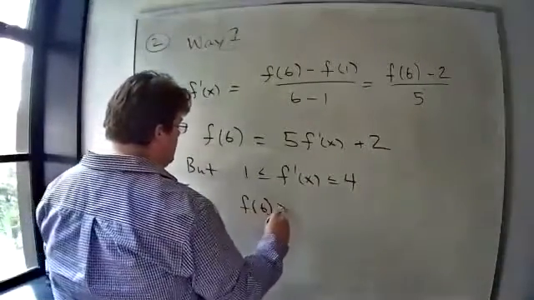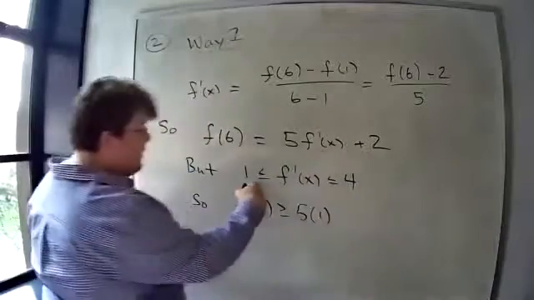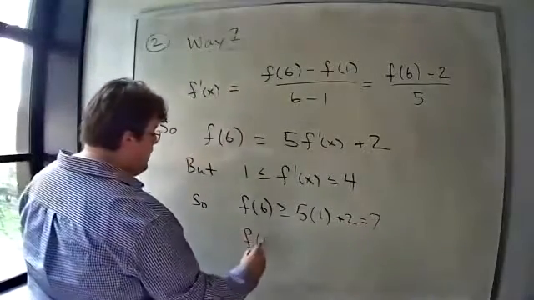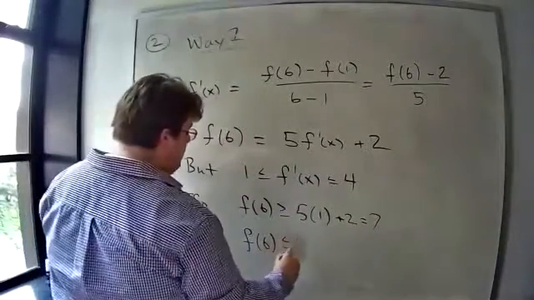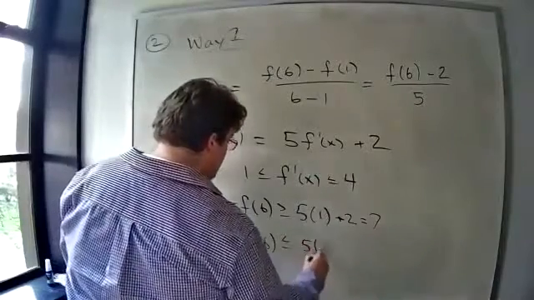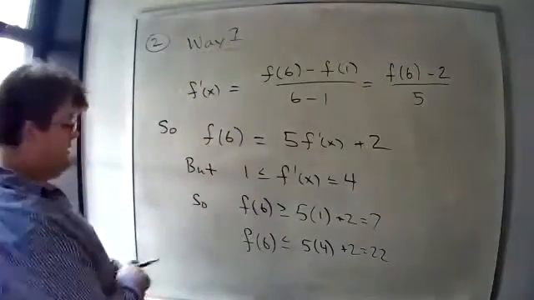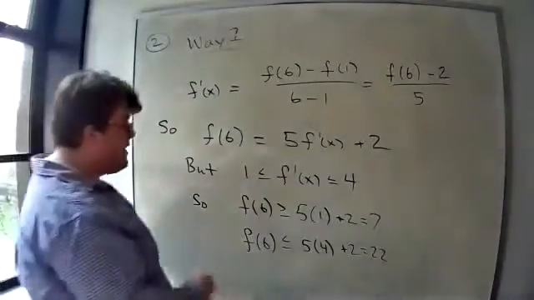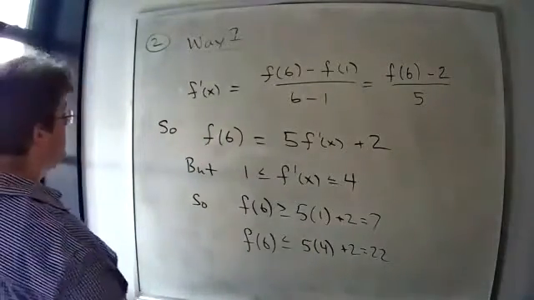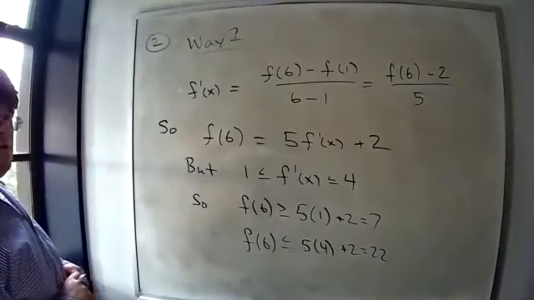For f of 6, the smallest it can be is when the derivative is 1, which gives 7, and the largest it can be is when the derivative is 4. So that gives us the same bounds. And it actually gives the same bounds with the same equations, which is not a coincidence. Any questions about number 2?